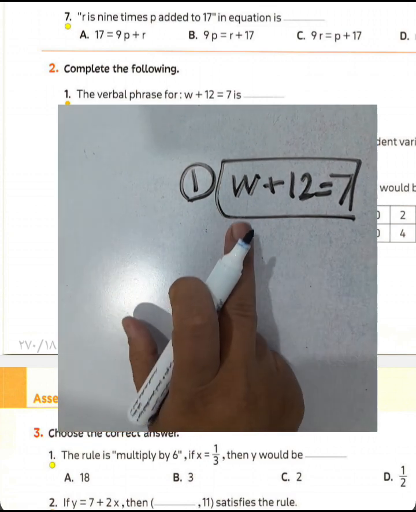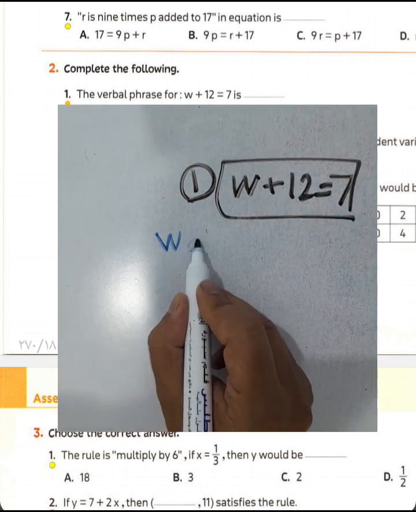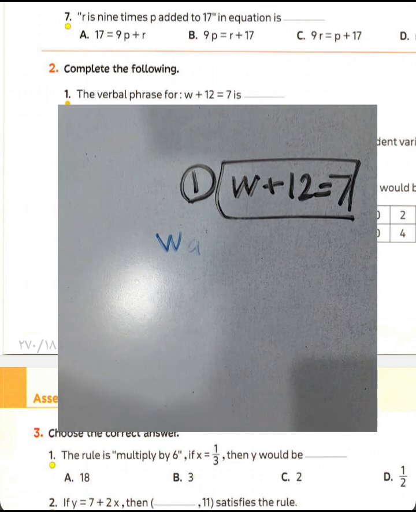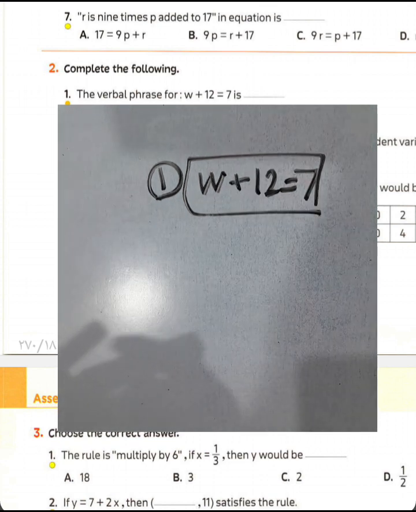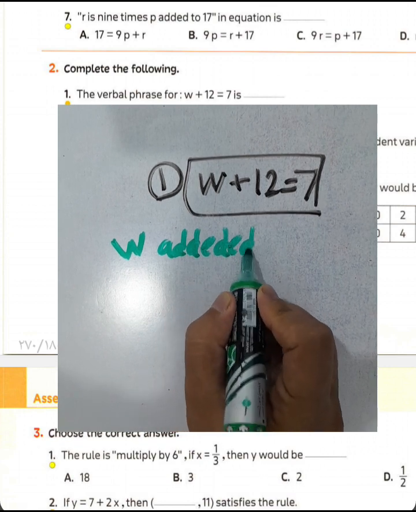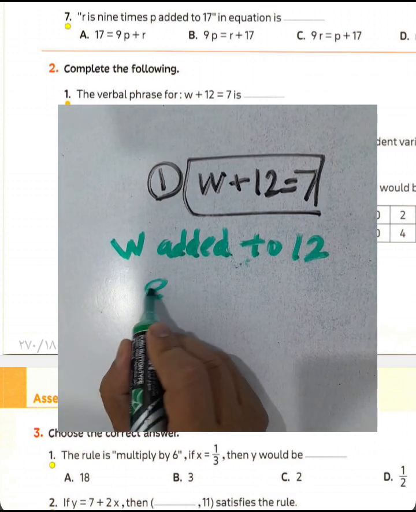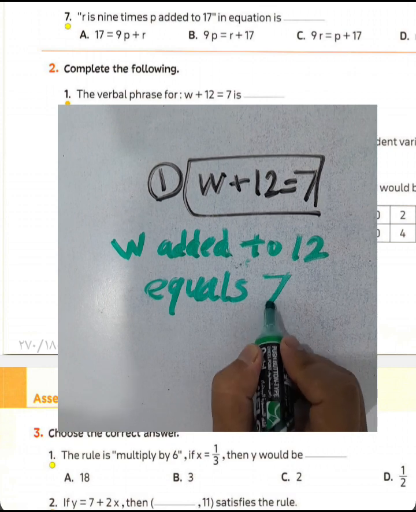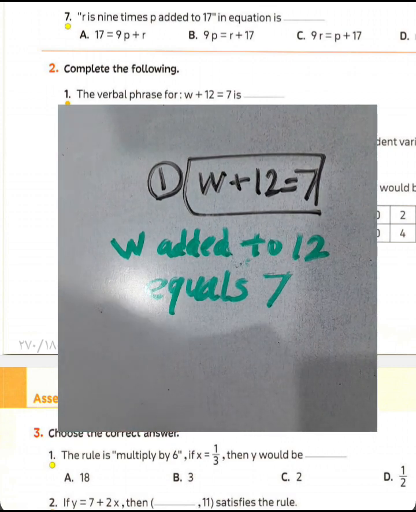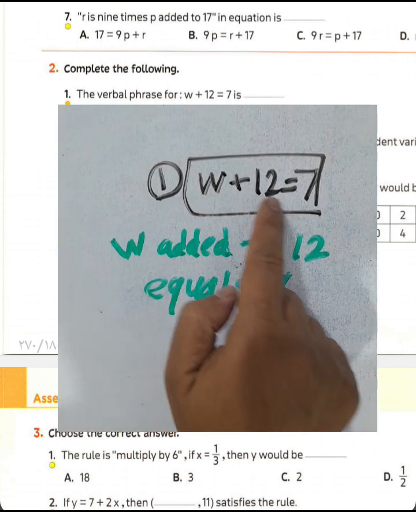Write with letters: W added to 12 equals 7. Again, W added to 12 equals 7.